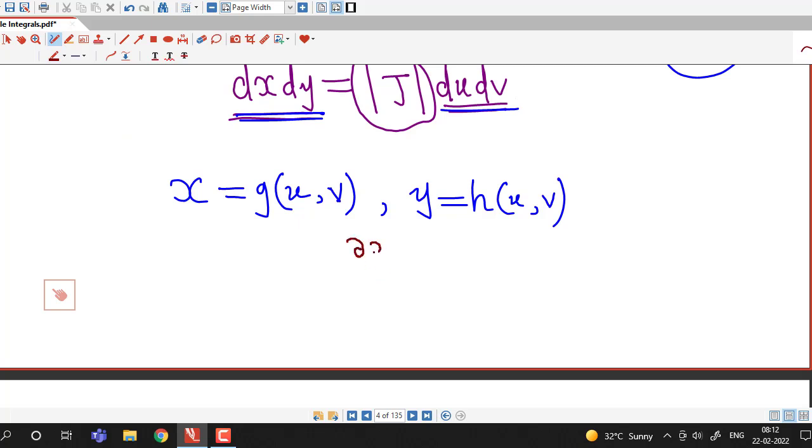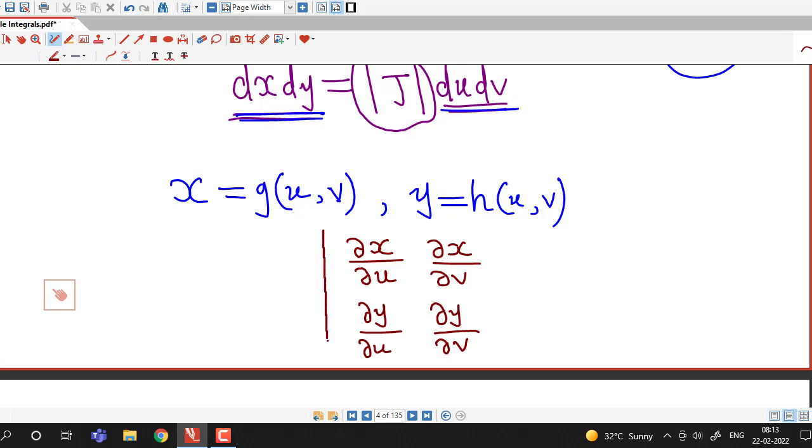Suppose we write down the determinant whose first row is the partial derivatives of x with respect to u and v, and whose second row is the partial derivatives of y with respect to u and v. So we are writing the partial derivatives of x and y with respect to u and v, and we are constructing the determinant of these partial derivatives.